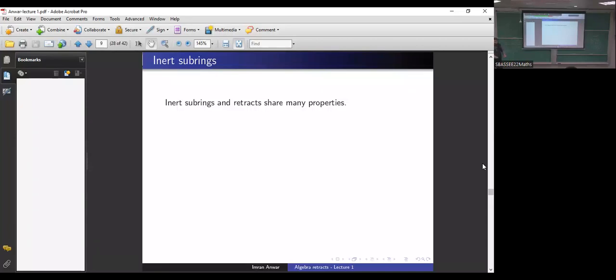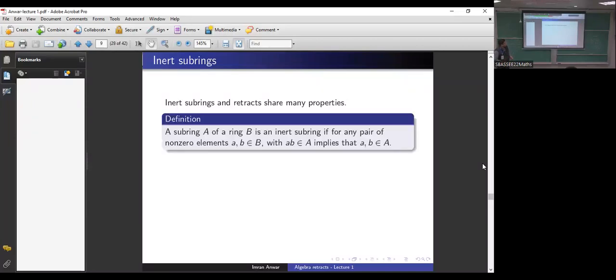So first of all, what is an inert subring of a given ring? A subring A of B is said to be an inert subring if and only if, if you take any two members from B and you multiply them, and their product falls inside A, this implies that both of them are in A. This property is quite weird.